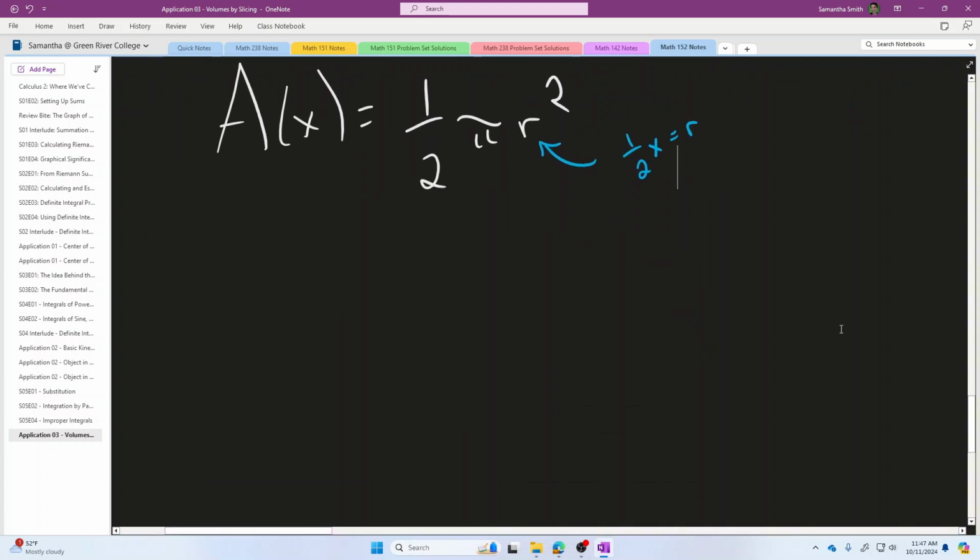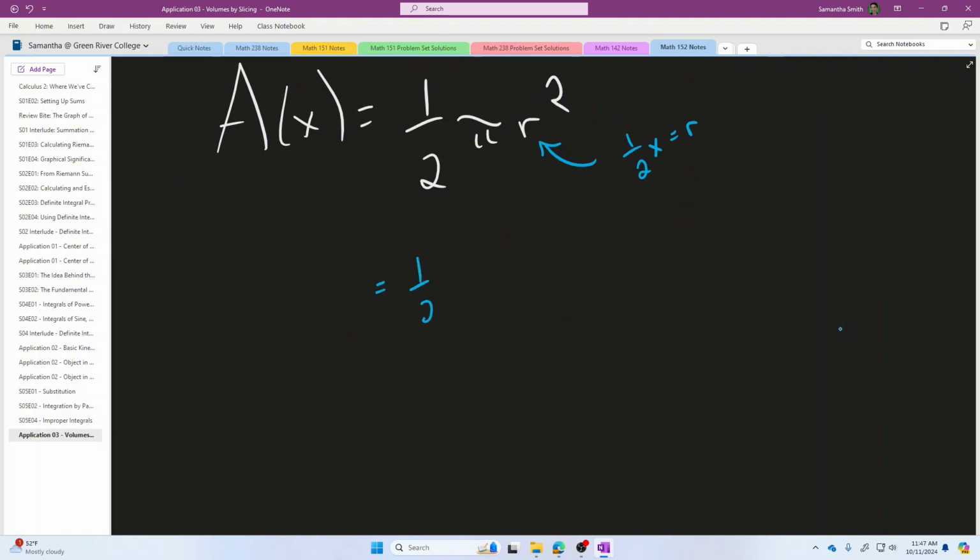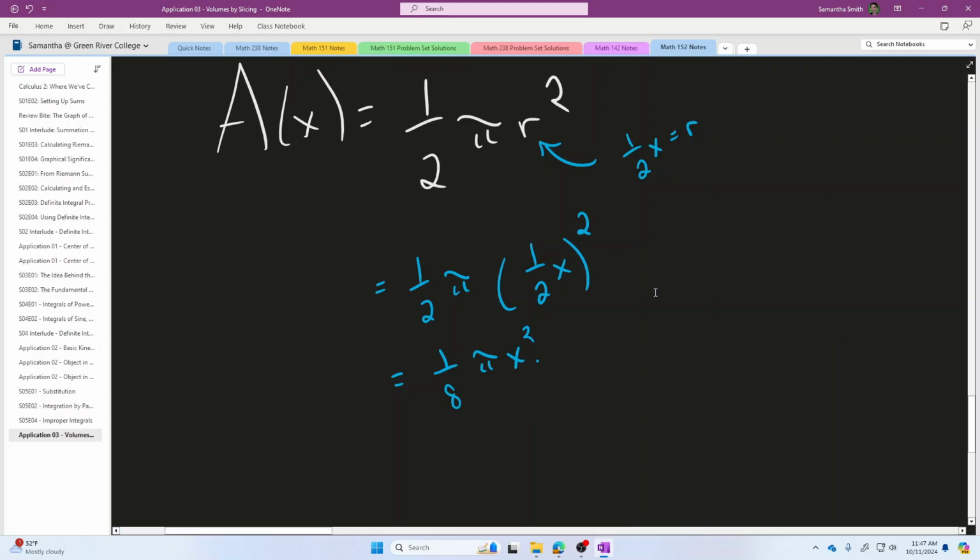If I plug that in, then my A of x formula becomes 1/2 pi times the quantity 1/2 x squared. And if I simplify that, I get 1/8 times pi times x squared, from this half times these two halves. This is my area function.